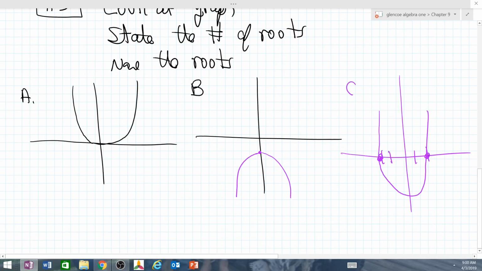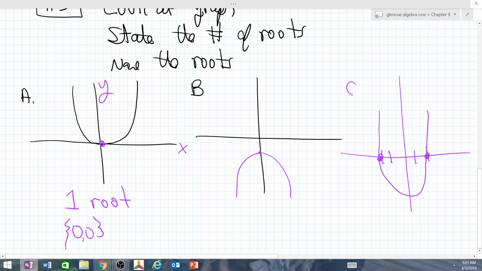Okay, so graph A. Graph A touches the x-axis at one place. It touches at one place right here, so it would have one root, and if it asked you to name it, it would be (0, 0). Are you with me? Graph B does not touch the x-axis at all, so there are no real roots.